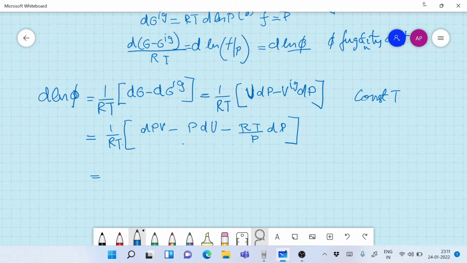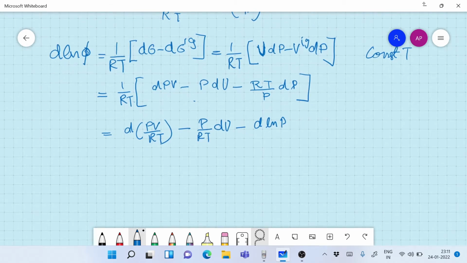So this is going to be equal to d(PV) by RT minus P over RT dV minus RT and RT gets cancelled off, and we are only left now with d ln of P. Simplifying, it's just simplifying out now.